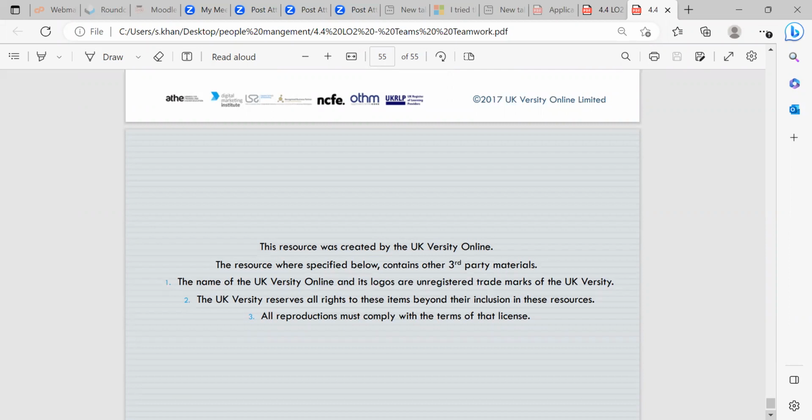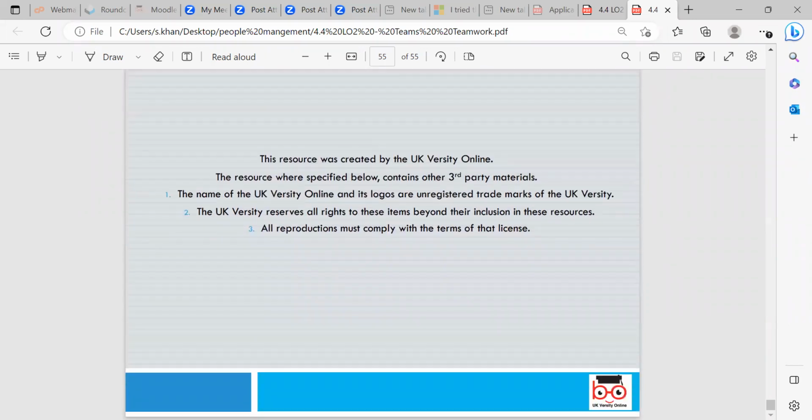So we've now finished this session on the different types of leadership and also the different types of what identifies the principles of effective teamwork. And we looked at the different factors for strong teamwork, the different ways to build a good team, and also defined what a good team is.